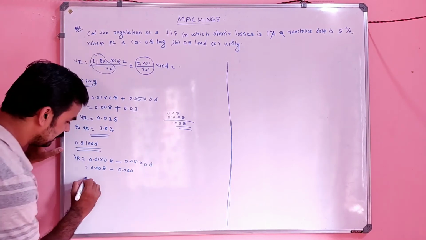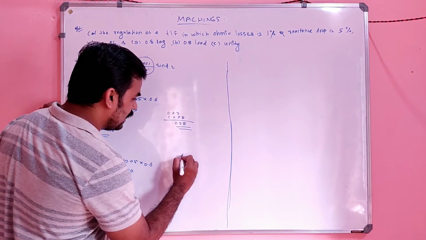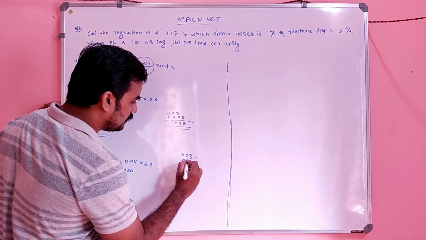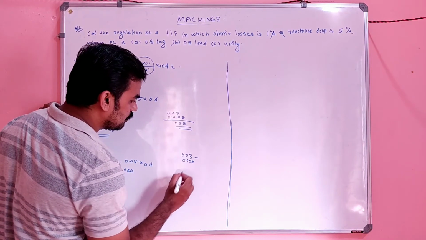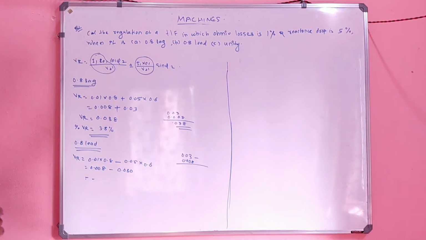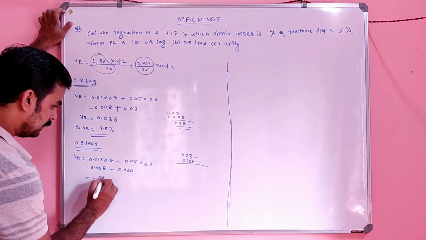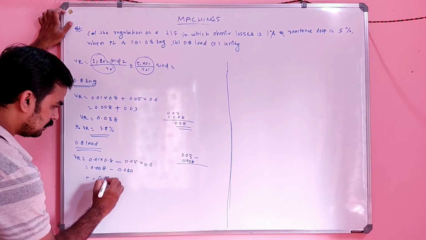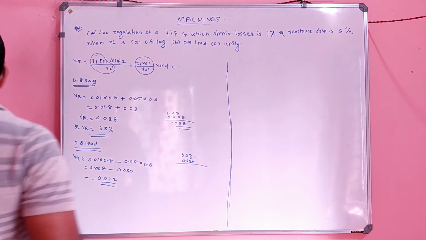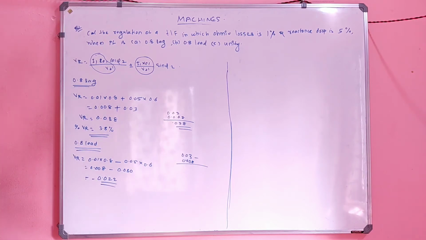When subtracting, there will definitely be a minus sign, so 0.03 minus 0.008 is 0.022. Am I correct?